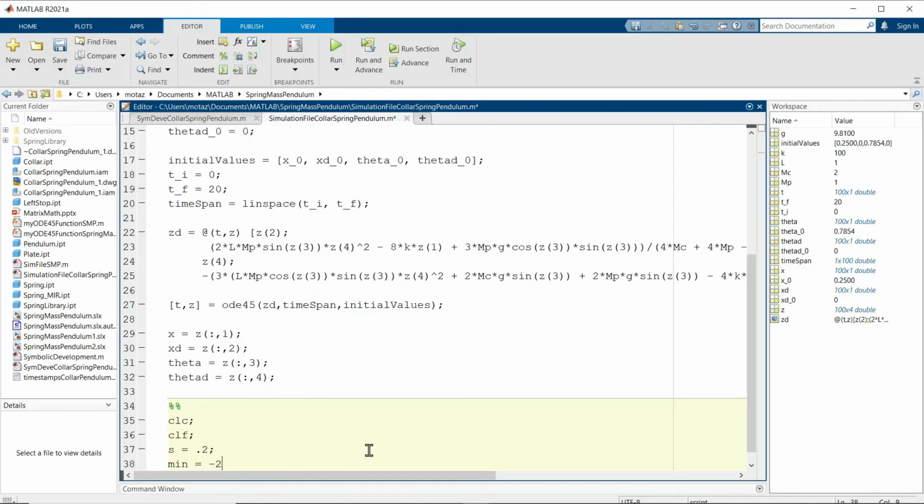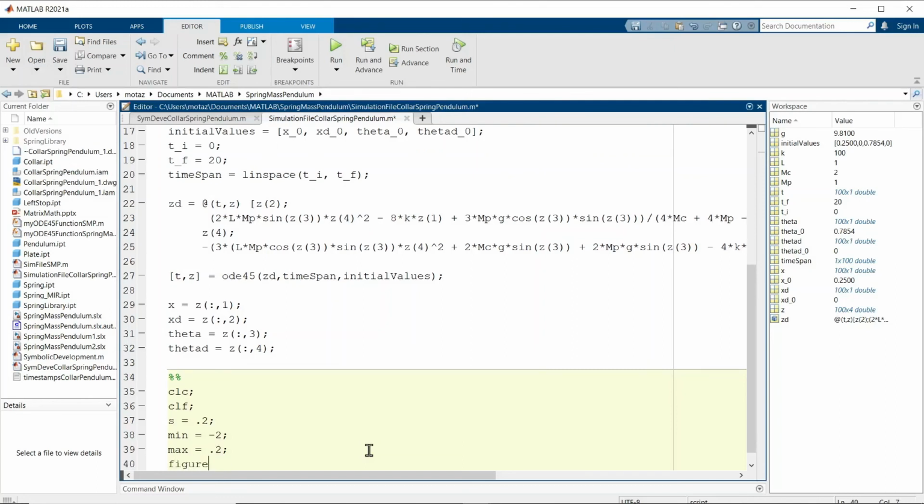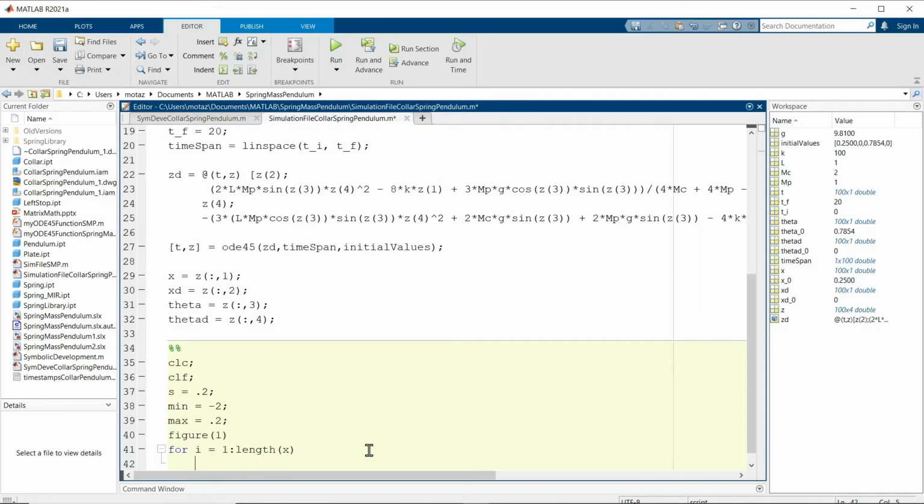So it's basically just using the plot command with the 4 points of the box. So we say for i equals 1 to the length of x, and capital X. Now we put in the 4 points of the box at all times, and we just assume that it is a side of 0.2.